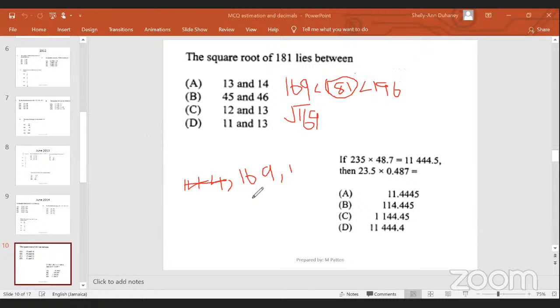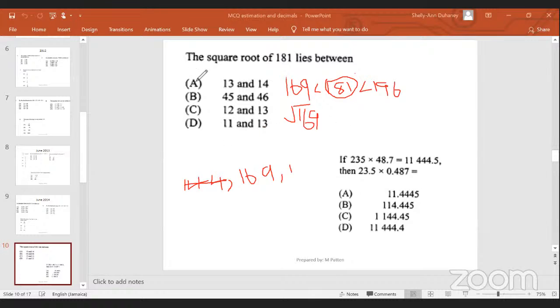I mark out 11, because 11 is less than 12. It could never be B. Exactly. It couldn't be D.